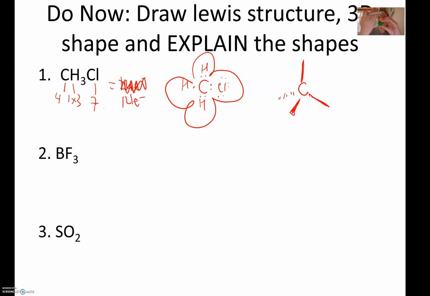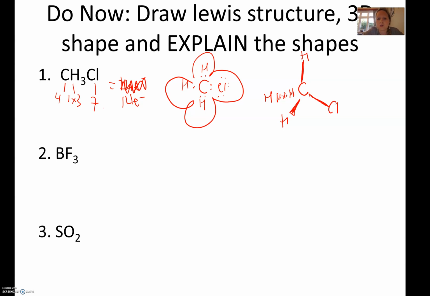Then there's one pointing towards you and one pointing towards me. That's what I've done here, pointing towards me, pointing towards you. So that's what they stand for, and then you can put the atoms in, H, Cl, H, and H. During our lessons this week, I'm going to check that you can do those. I always get my kids to chant straight, solid, dotty, straight, solid, dotty. And I'll show you some more stuff as we go on.